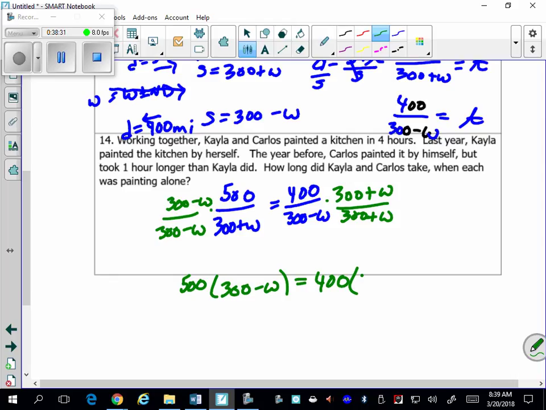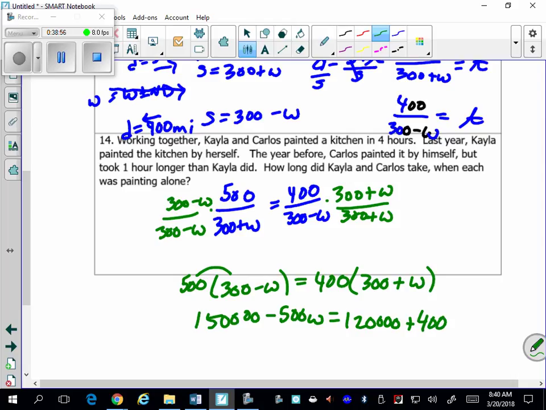Minus 500 times W is 500W. 4 times 3 is 12 with 4 zeros. 400 times W is 400W. And now I'm looking to, there's no squared, so let's get all the W's to one side and the linear term to the other, and we should be able to solve. Just divide by the coefficient in front of the W.